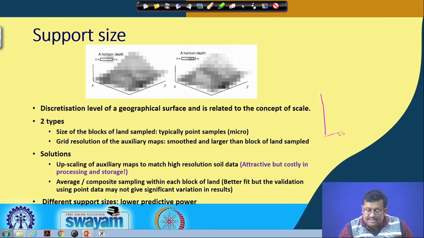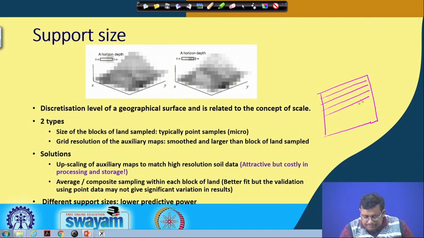Suppose this is our area of interest, and in the area of interest we have auxiliary data, for example, a raster file which is arranged in grids. We can represent this raster in terms of grids just like this.